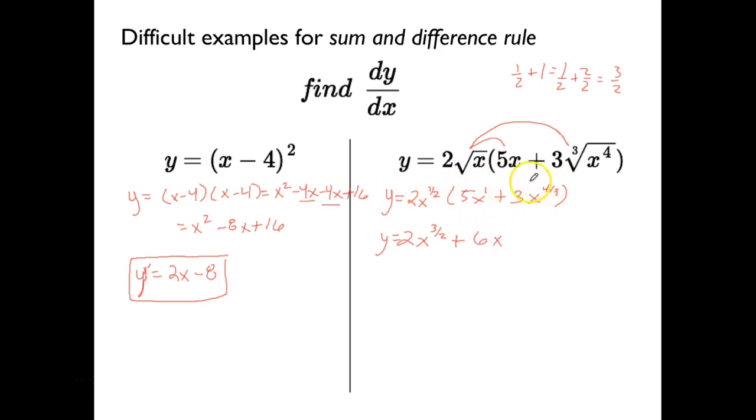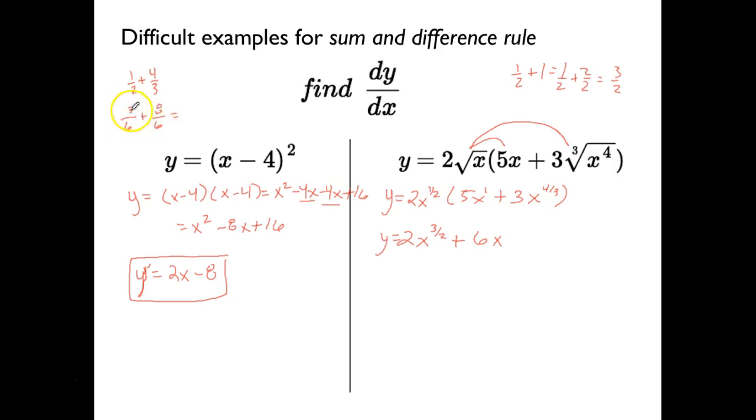X to the new exponent is going to be a half plus 4/3. Okay, I'll do that right over here. A half plus 4/3. Okay, I need a common denominator. That means I need to multiply this one by 3 over 3, which is going to make it 3 over 6. Plus, I'm going to multiply this one by 2 over 2, which is going to make it 8 over 6.